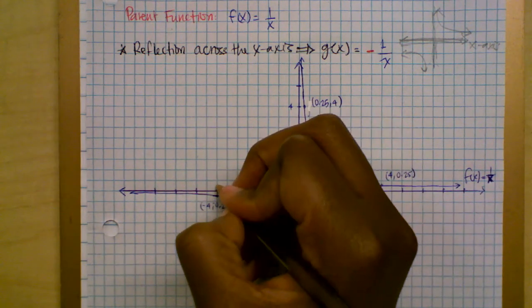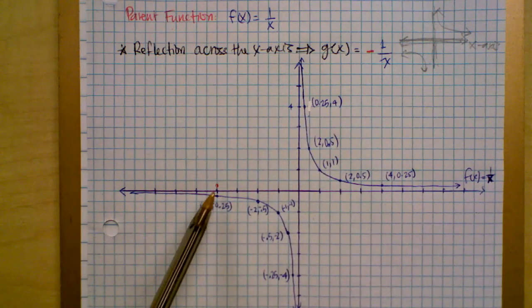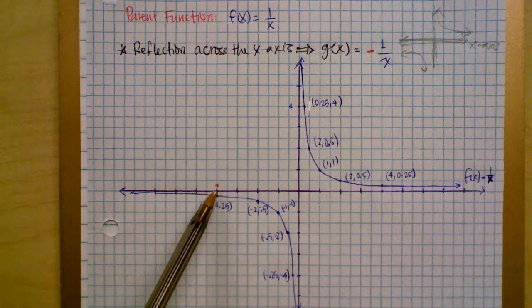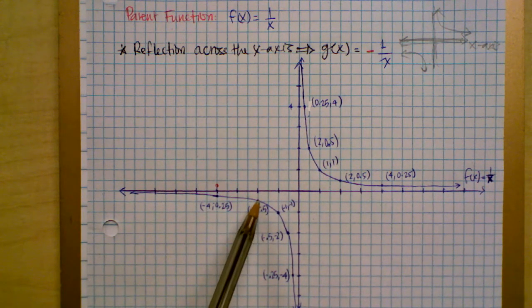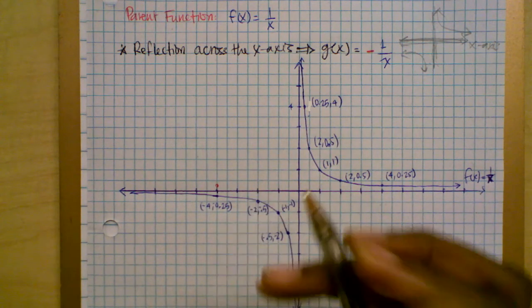I'm going to eyeball it to right here. Now this other point is away from the x-axis by 1 unit, which is 2 squares. So I'm going to do the same on the other side.